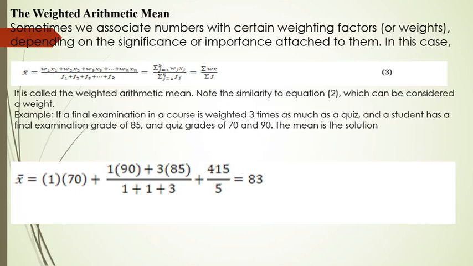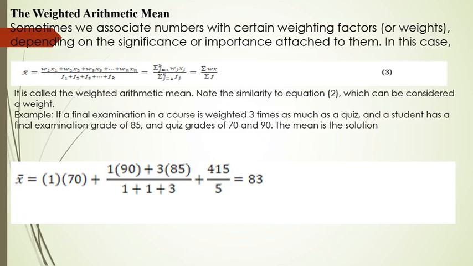Now, our arithmetic mean can also be in form of the weighted arithmetic mean. Sometimes we associate certain weighting factors or weights depending on the significance or importance attached to them. In this case, we are in equation 3 of study section 2 unit 1.